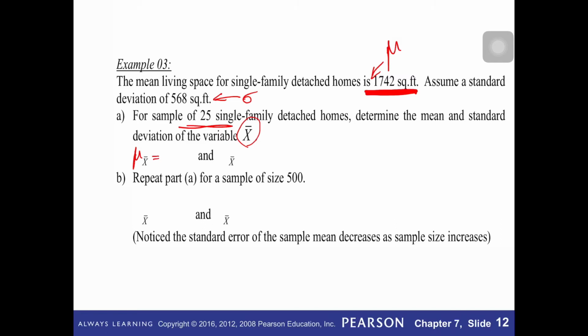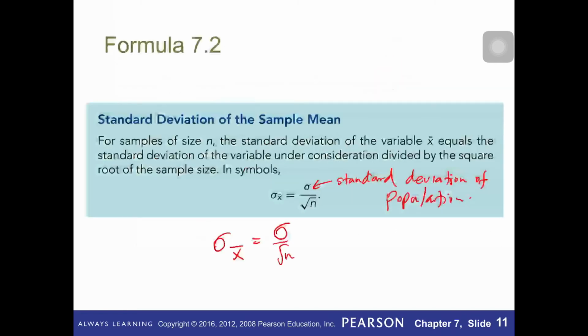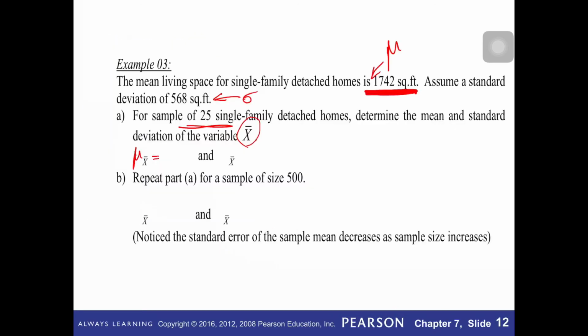The mean of x bar equals the population mean, which is mu, equal to 1742. The standard deviation, sigma x bar, equals sigma over the square root of n. It depends on the size of the sample.